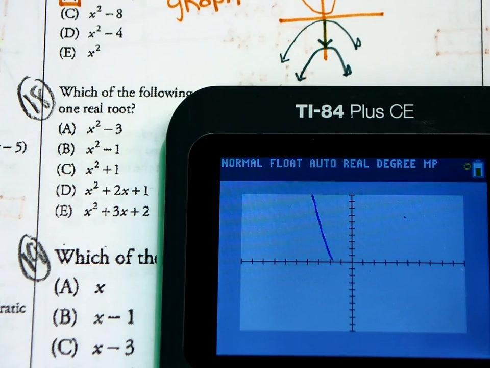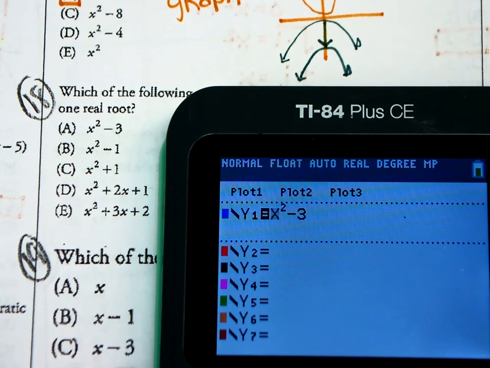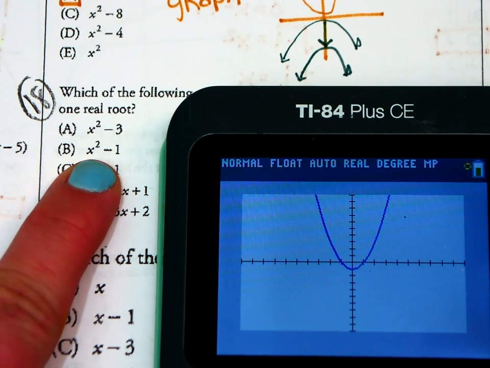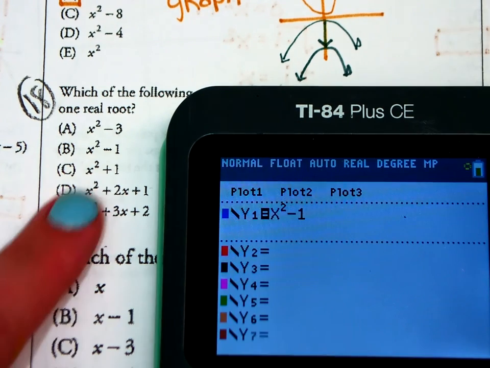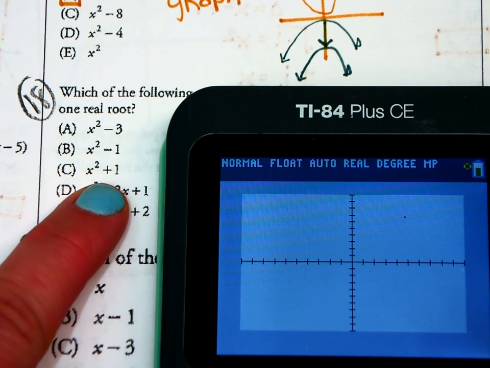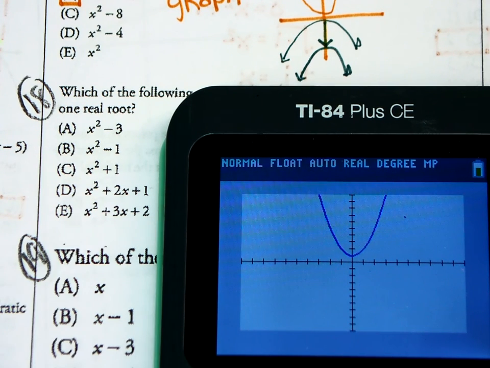All that does is it takes an x squared function and shifts it down 3. Again, it's crossing twice, so that's not my answer. I'm going to go down here to -1. That is the same idea. It shifts the function down 1, so it still has 2 real roots. Next, the function is +1, and that just shifts the function up 1, so this has no real roots.